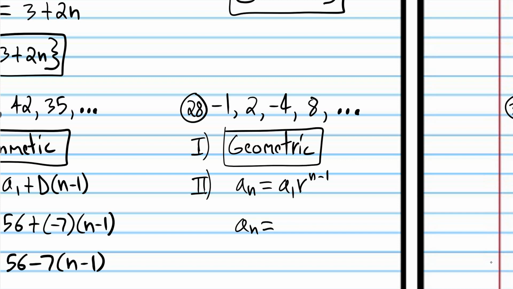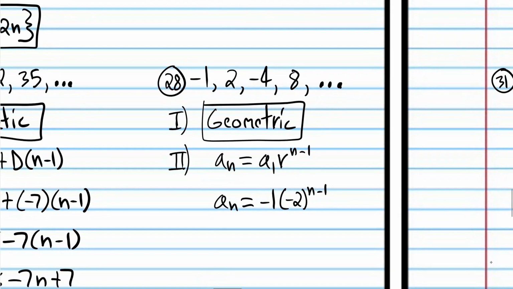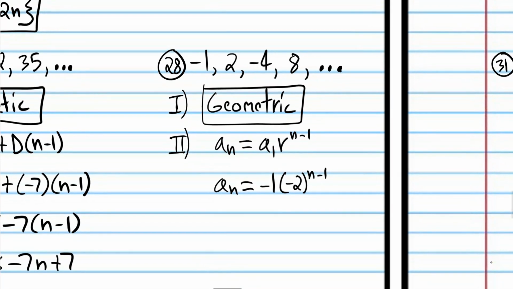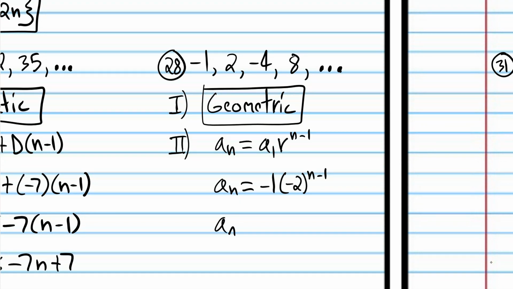The first term is -1. The common ratio is -2. And that's about all we can do. So all we have to do at this point is write the expression in braces. And there you go.